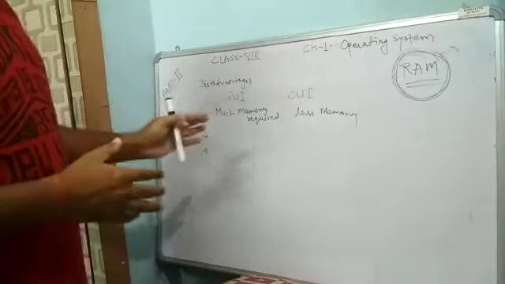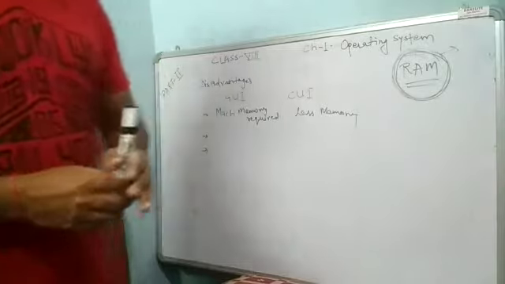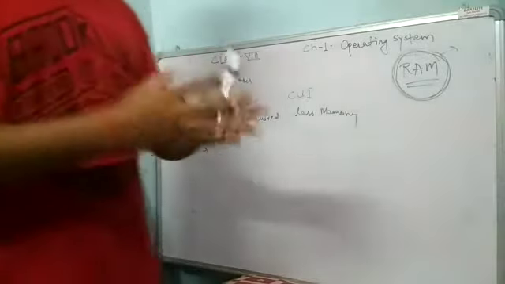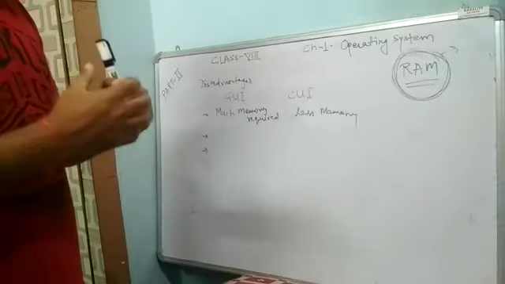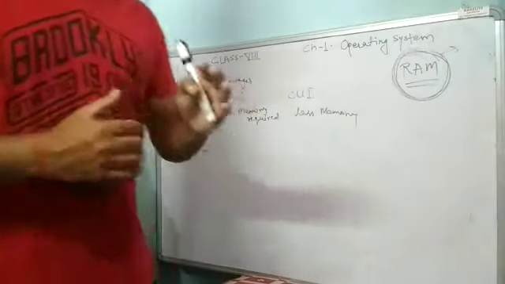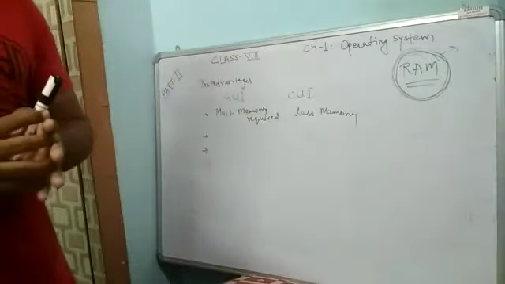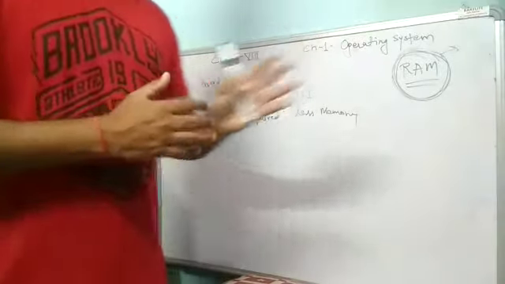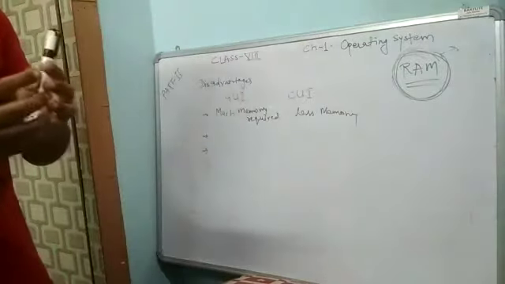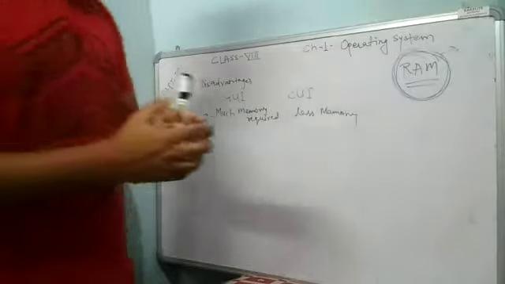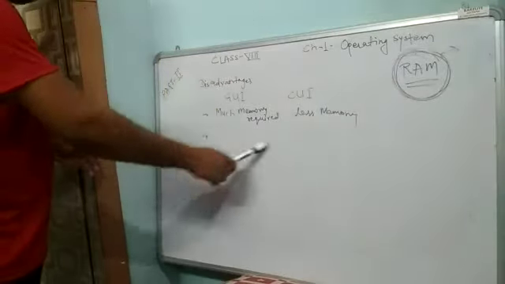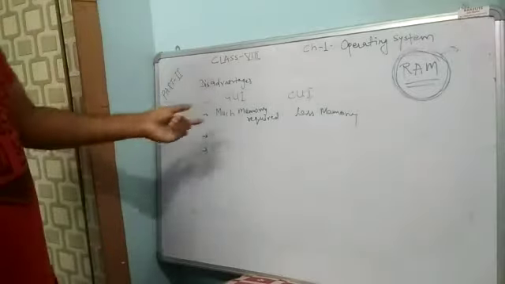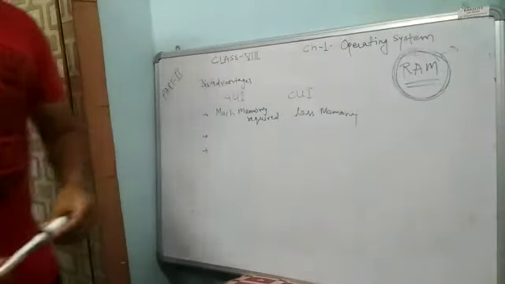So if you don't have much memory on the RAM, then you cannot execute these games. Sometimes you feel that the game is not running properly just because the memory is not enough for running that particular game. That is just because the maximum of the space is occupied by the graphical user interface.